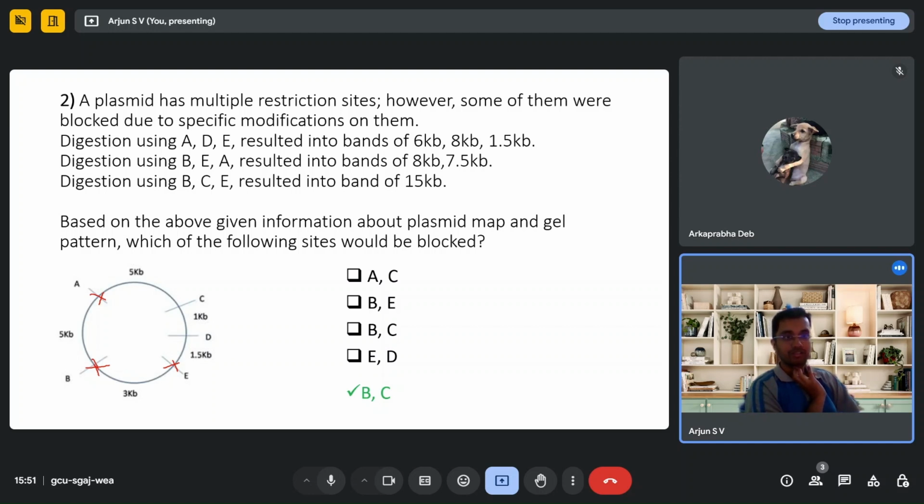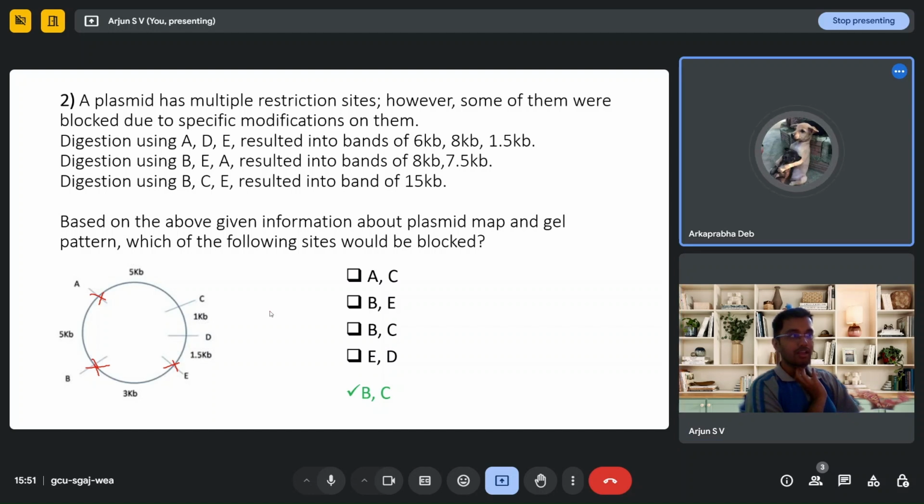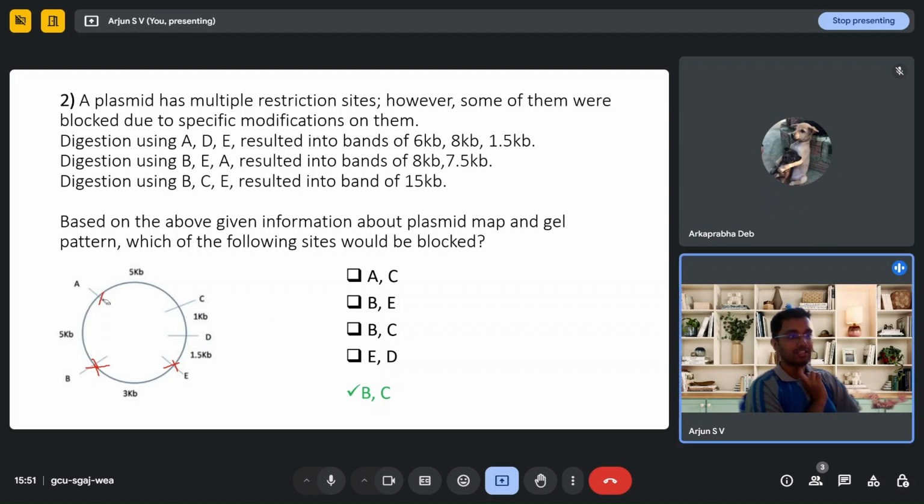Do you get it now? Yeah, sir, I got it. And finally, instead of A, let's say we are cutting down C. You already know that B is not working. If you're cutting down C, you should get 2.5, 3, and 10 kb.